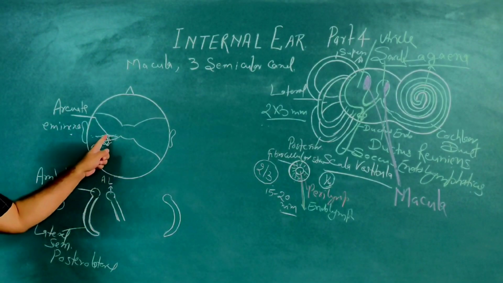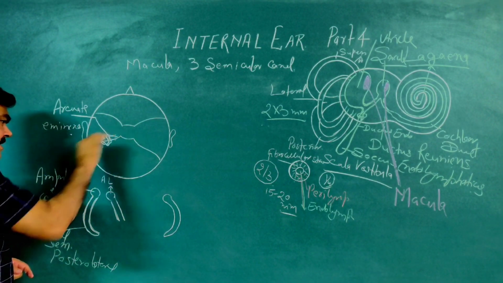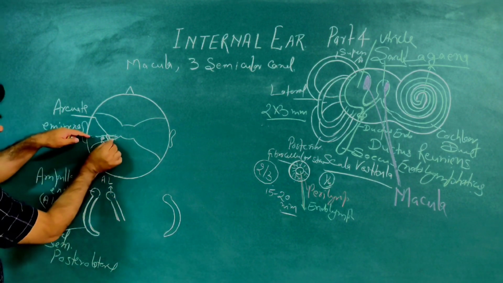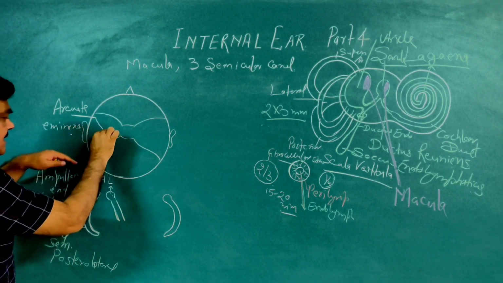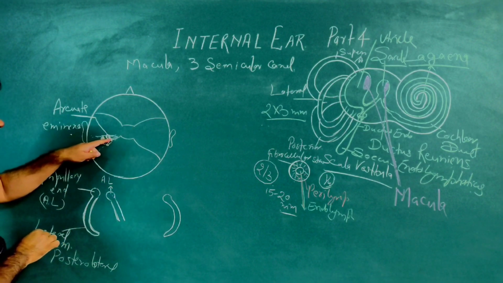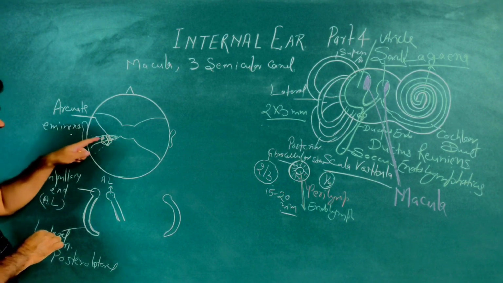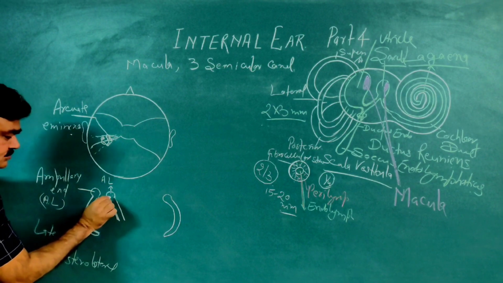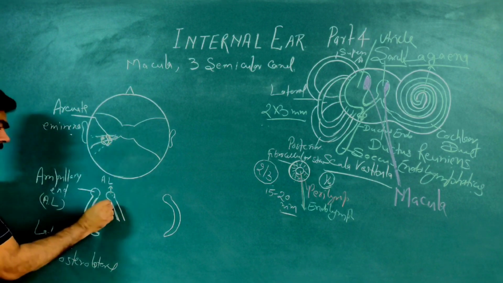And here is the long axis of the petrous temporal bone. Its position is 90 degrees with the long axis of the petrous temporal bone, so it is at right angle to the long axis. Its convexity is upward.